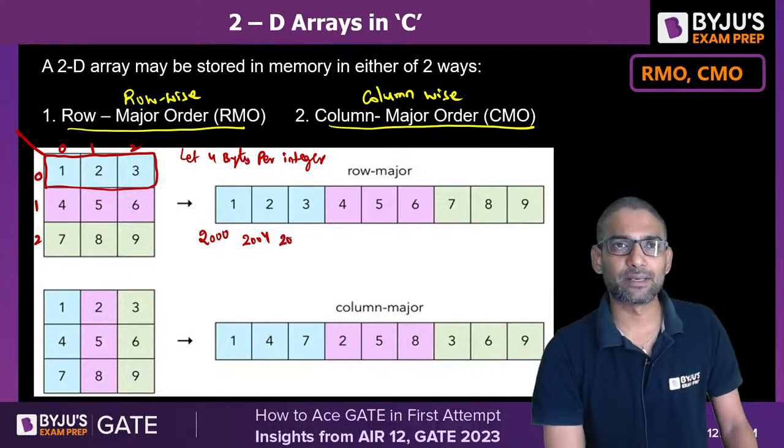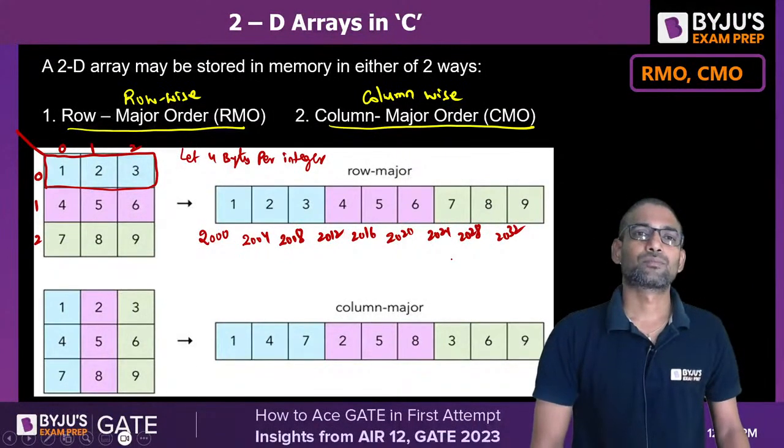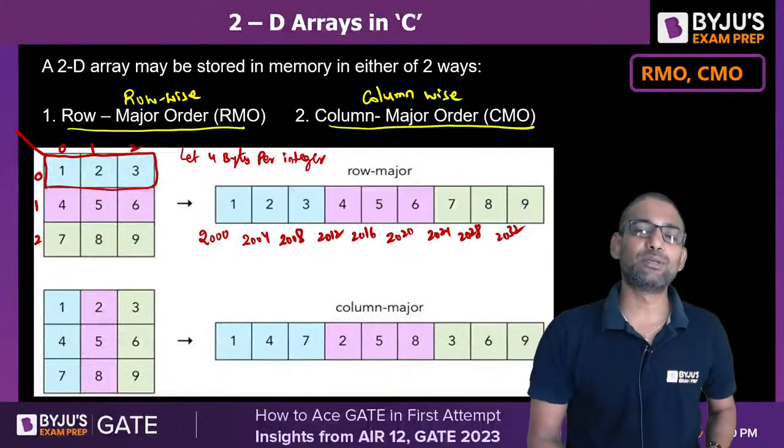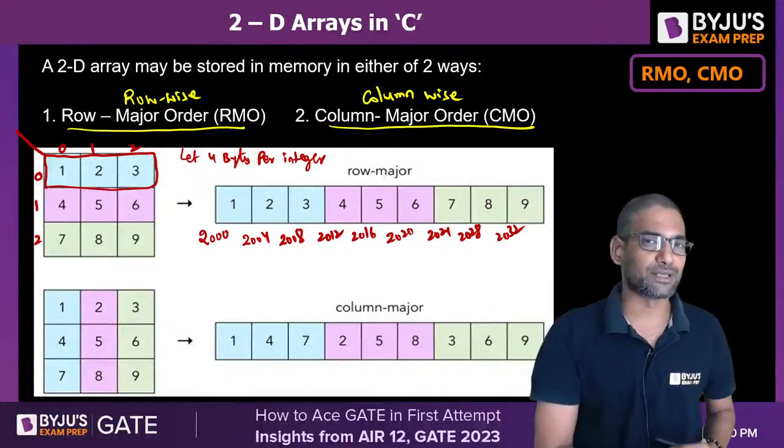So the next element address would be 2008. Next element address 2012, 16, 20, 24, 28, 32, like this. So at what address what value will be stored? That is based on either row major or column major order.